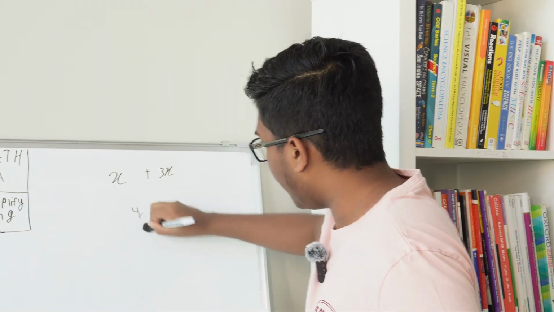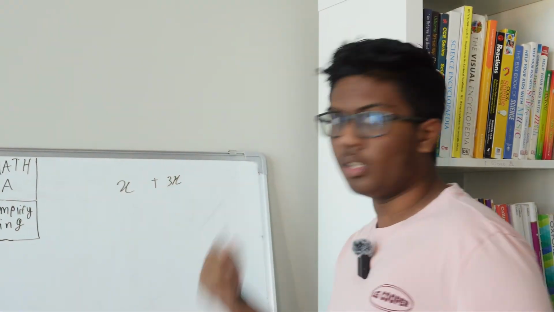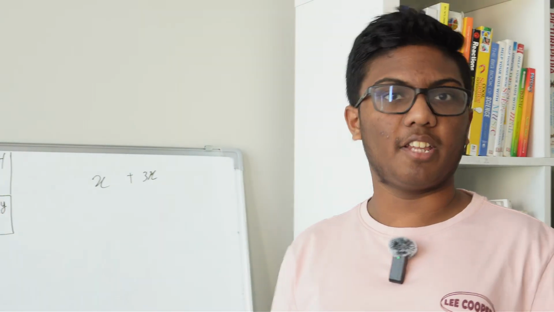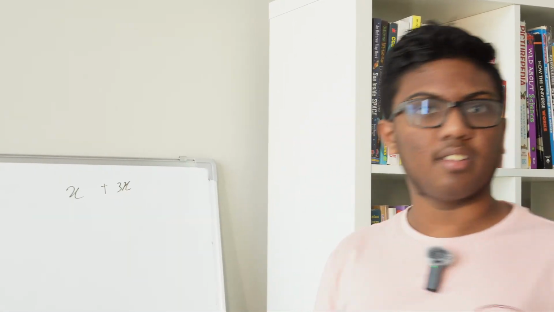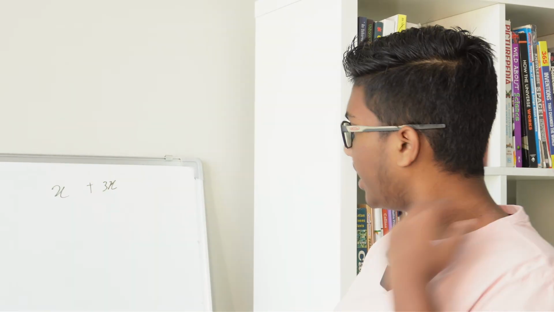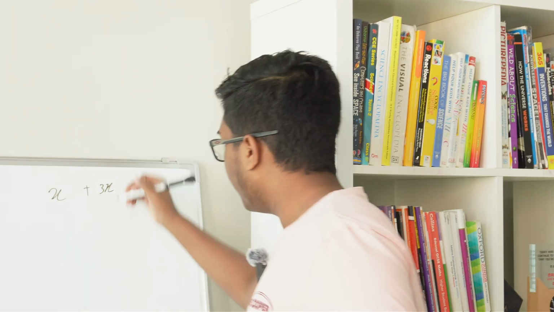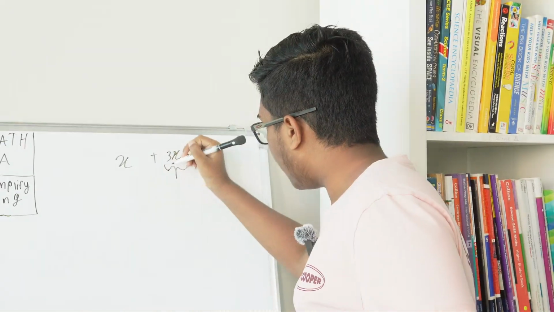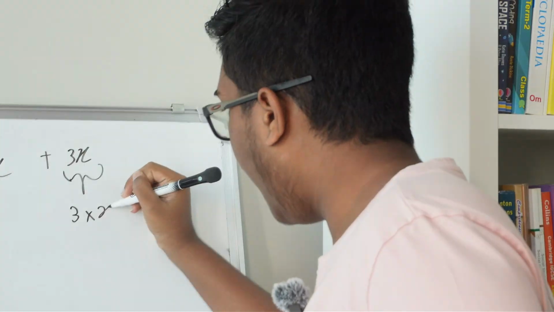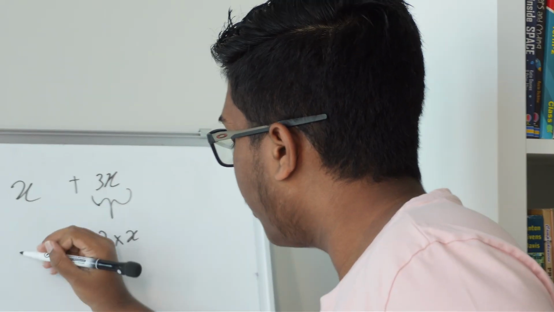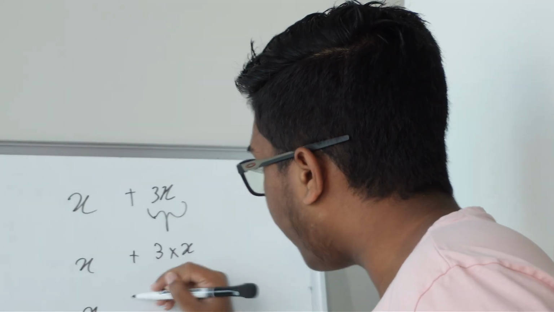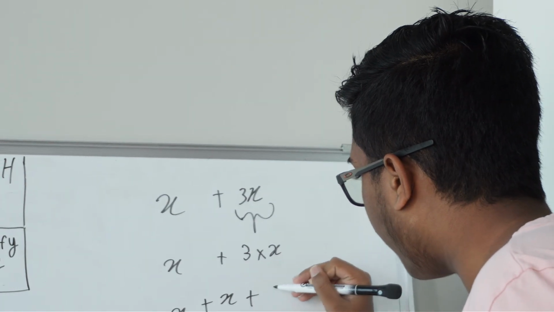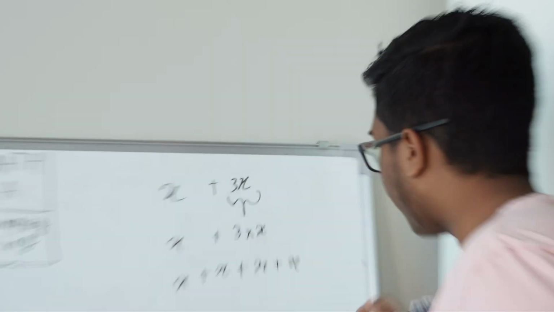Oh yeah, and by the way, variables can be capital or lowercase. It's pretty simple. So this 3x, since the 3 and x are linked together in one term, just means 3 times x. So it's x plus 3 times x, or x plus x plus x plus x.